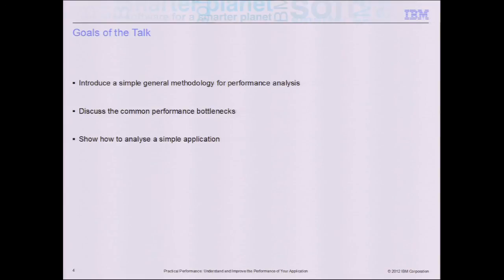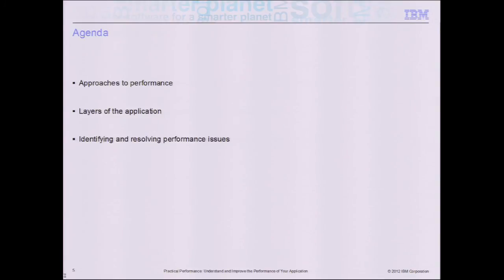And we'll go through a process of looking at a sample application and correcting some things and seeing what the improvement is. And that'll give you a guideline of the sorts of improvements you can actually make to your own system. So in order to do that, we'll start off with the approaches to performance. We'll look at layers of the application, so operating system, JVM, application, external resources, and so on. And as I said, we'll do some examples of how to look at each of those areas to try and resolve performance issues.